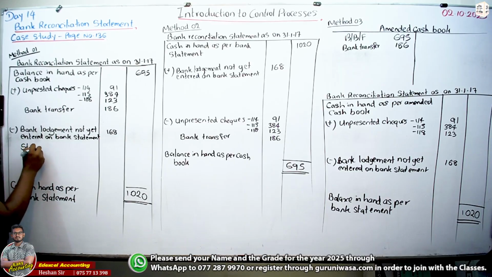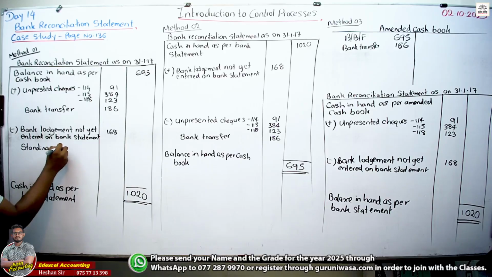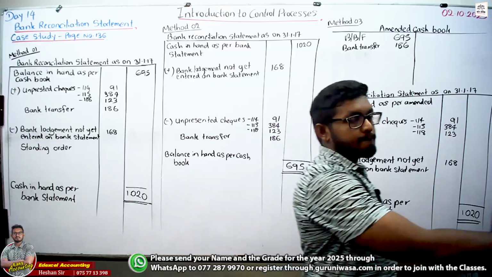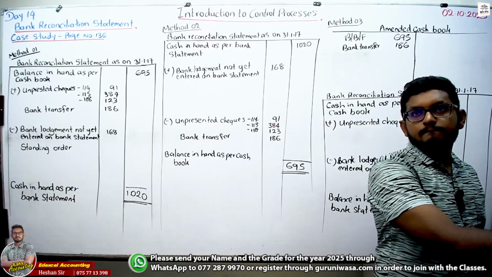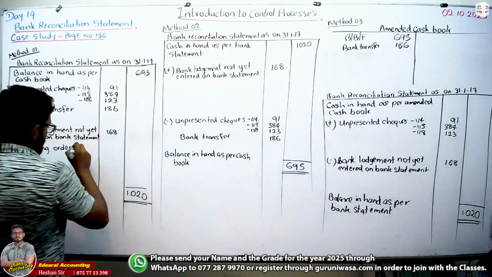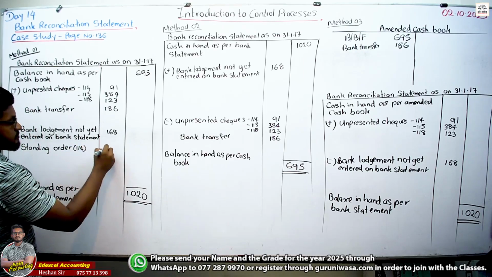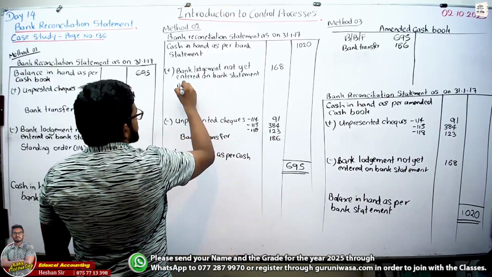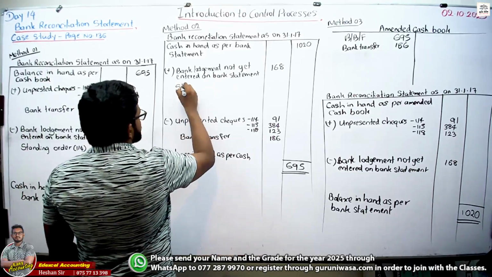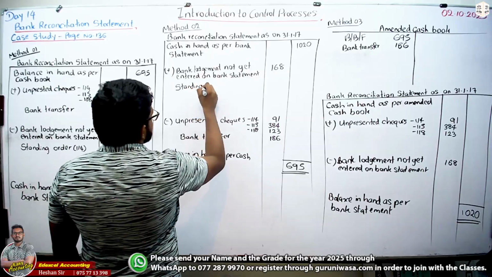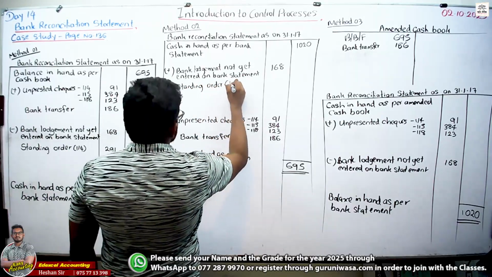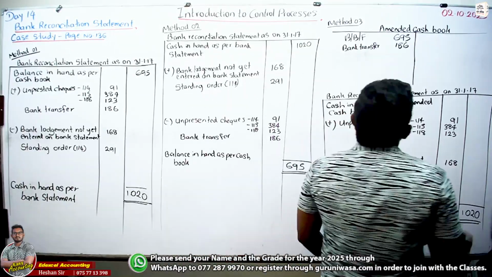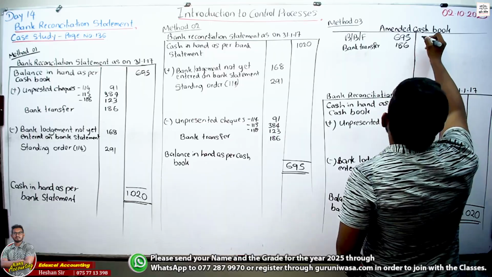Standing order, 291, 114. In here, 90, 100, we add. Standing order, we need to deduct from the cash because it's debited in here, we credited.